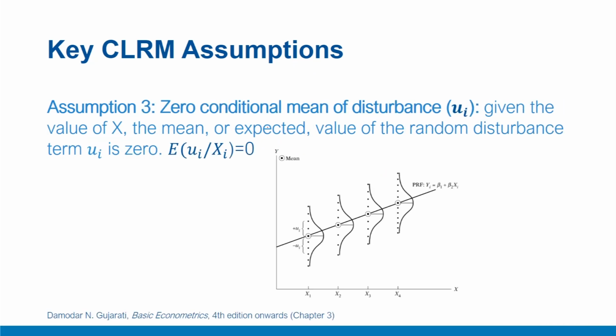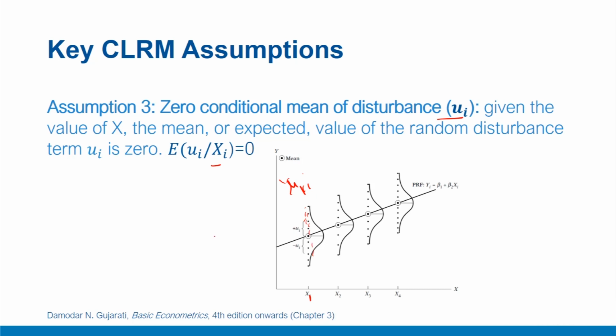Next, a very important assumption is the zero conditional mean of the disturbance term mu i, or the expected value of the disturbance term or error term is zero, conditioned upon each x i. For example, let's say we have an x1 variable corresponding to which there are a number of y's, and for all these y's, error terms mu i would be estimated.